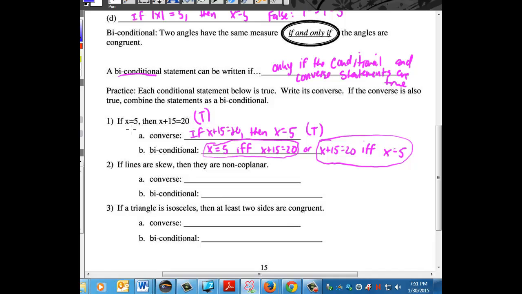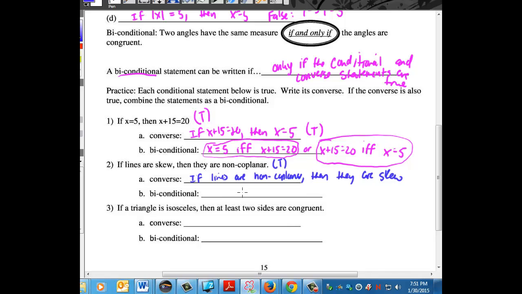Next, we have, if two lines are skewed, then they are non-coplanar. Let's write the converse. Now remember again that this was given, so the first statement is true. Now, please don't start it with if they, because if they is vague, we're not sure what they refer to. So we're going to change this to if lines are non-coplanar, then they are skewed.